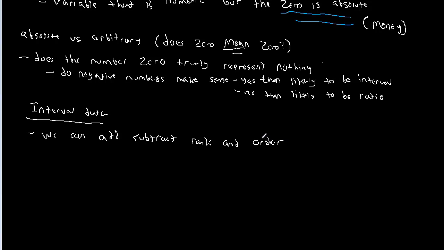So if we take temperature, for example, we can say that one state was 30 degrees warmer than another state. We can certainly say that this state was hotter or colder than another state. But what we can't do is multiply and divide.